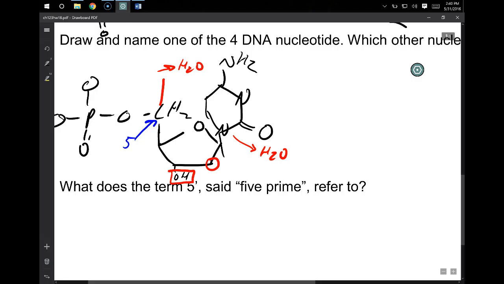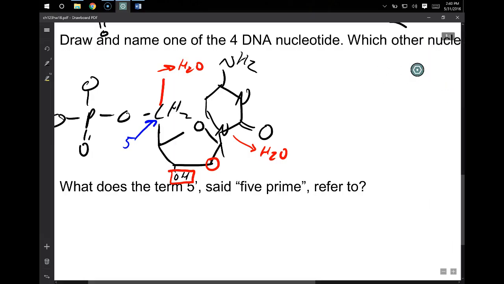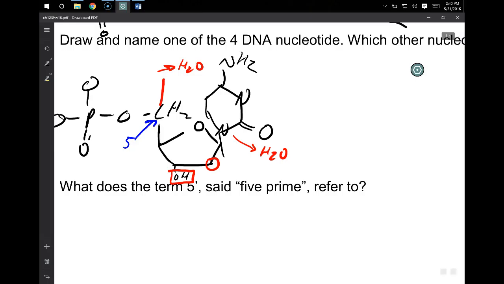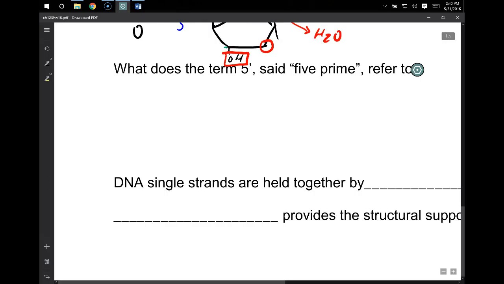Yeah. And so where's carbon number 3? Jeez. That one's carbon number 3.